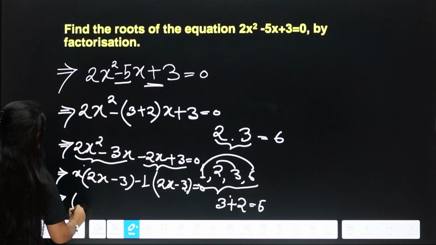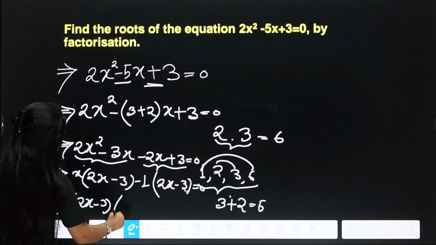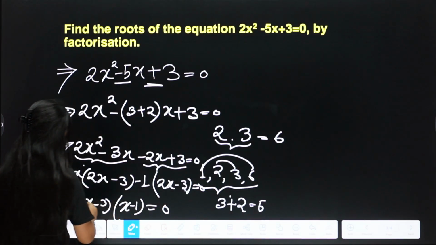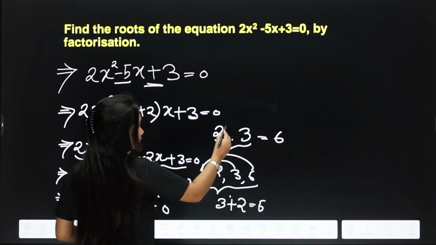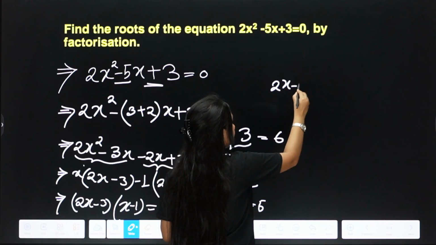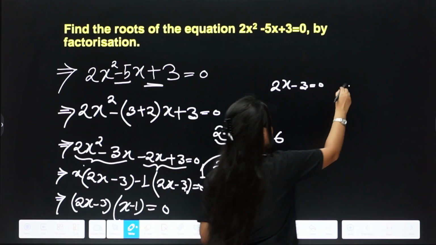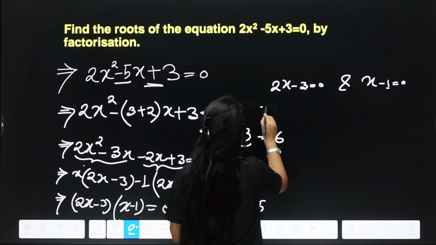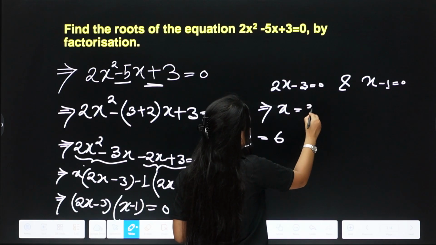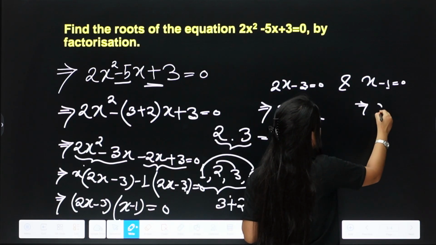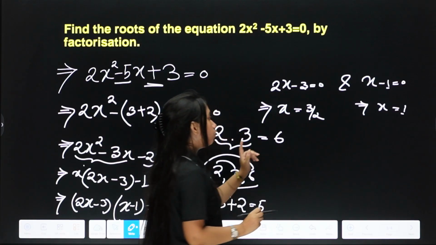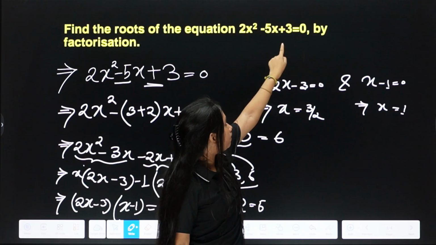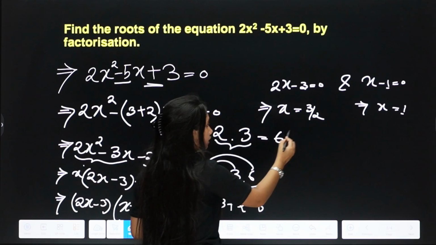So it will be 2x minus 3 into x minus 1. Here you equate it with 0, that is 2x minus 3 is equal to 0 and x minus 1 is equal to 0, so x will be 3 by 2 and x will be 1. So 3 by 2 and 1 are the roots of the equation 2x square minus 5x plus 3 is equal to 0.